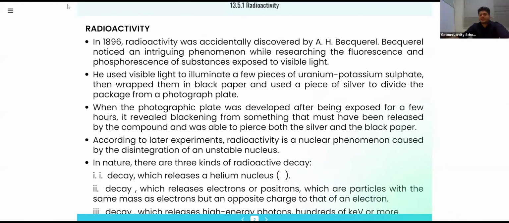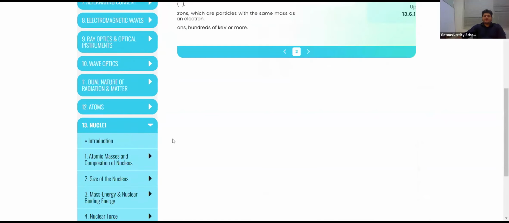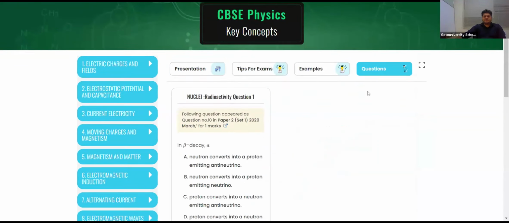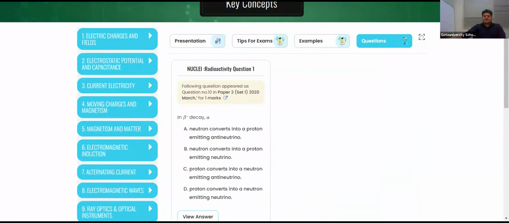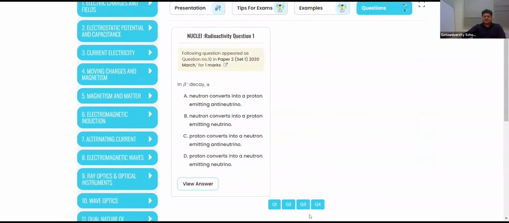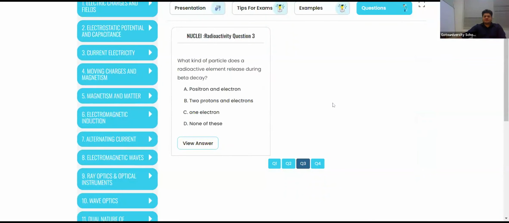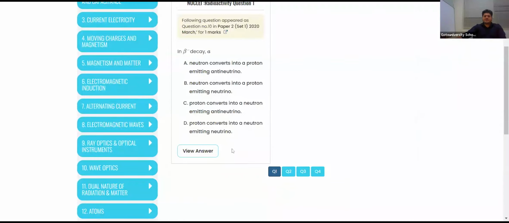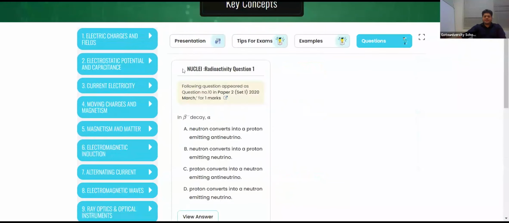Okay, so those were radioactive substances. Let's see each thing one by one. Types of decay. I'll explain each thing one by one.